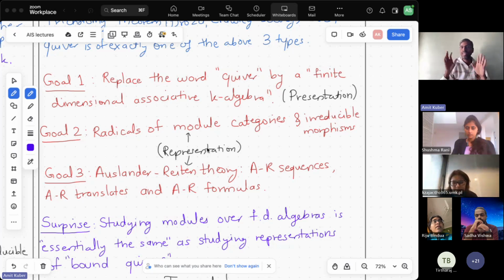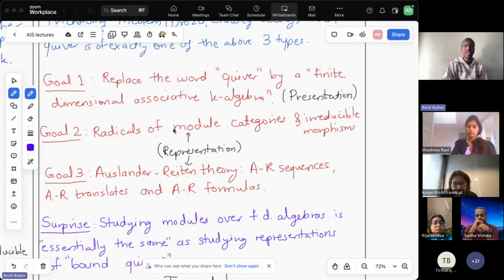But that definition doesn't really make sense. We want to find the skeleton of the module category, but that definition is incomplete so far. So we have to go via this method. We are going to start studying the radical of the module category and thereby define how to count the number of irreducible morphisms, or the number of arrows we put in between.